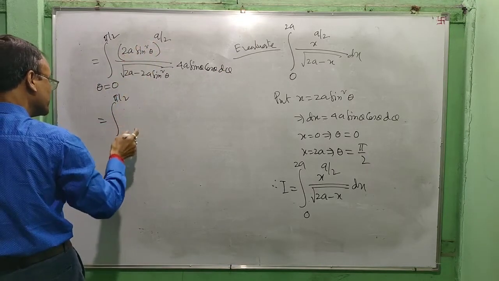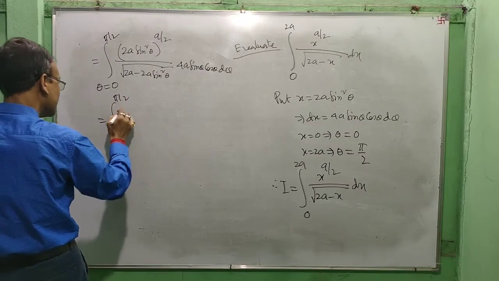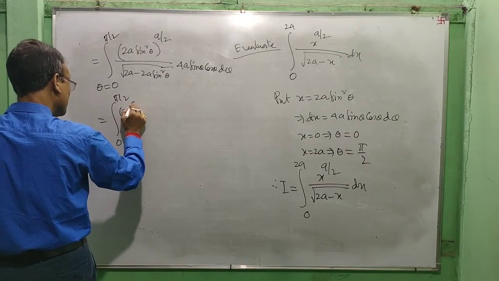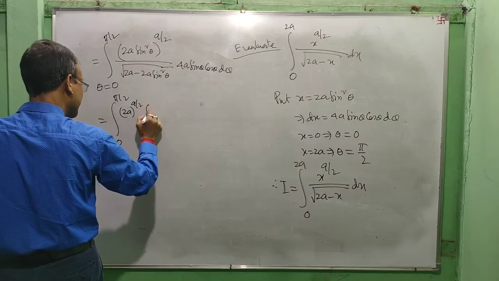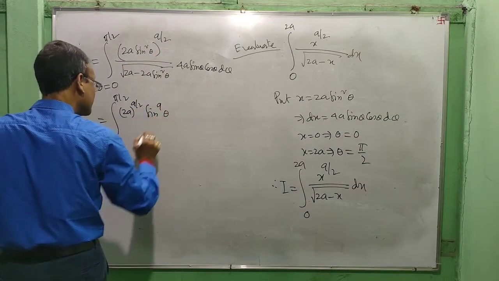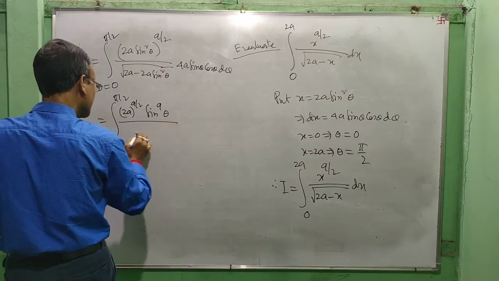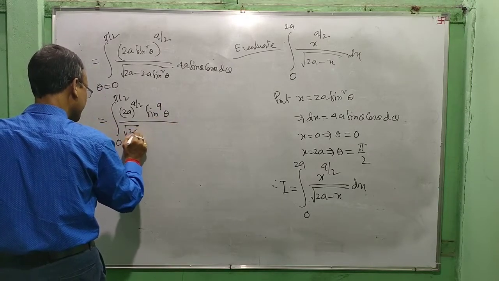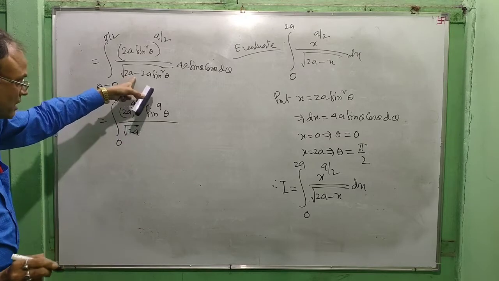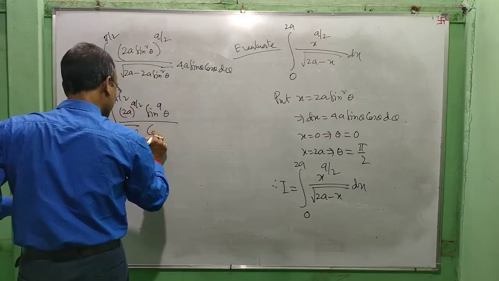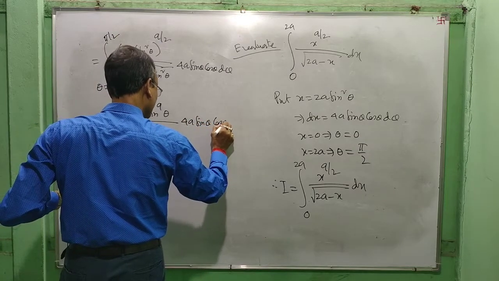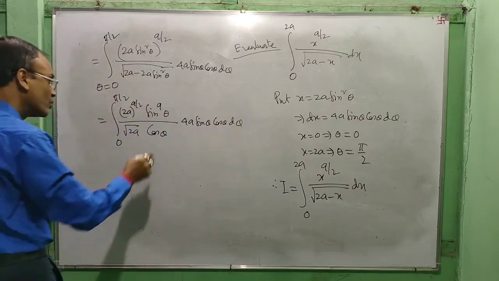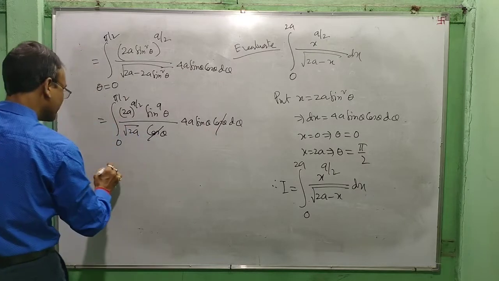This is equal to the integral from 0 to pi by 2 of twice a whole to the power 9 by 2. Sine square whole to the power 9 by 2 means sine to the power 9 theta. It will be equal to root over twice a times 1 minus sine square, which is cos theta, times 4a sin theta cos theta d theta. Now cos theta will be cancelled.